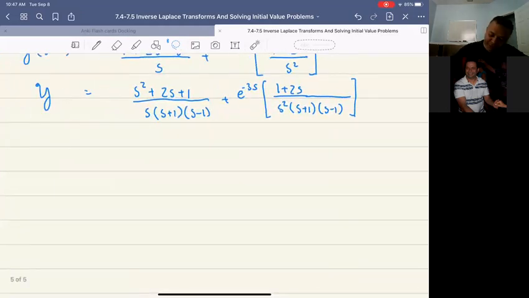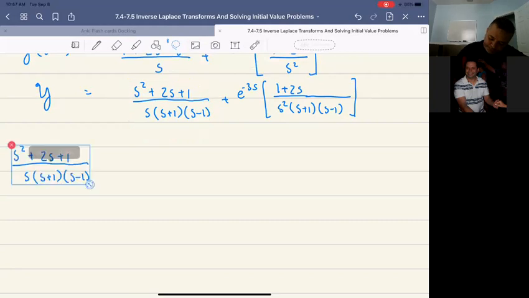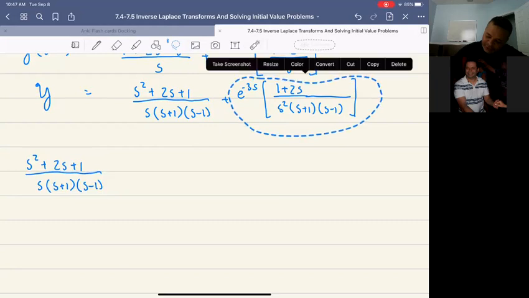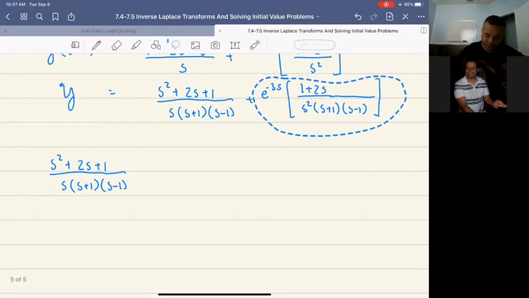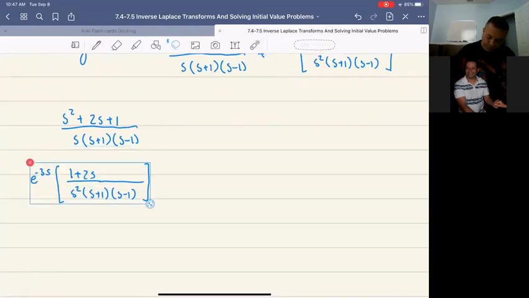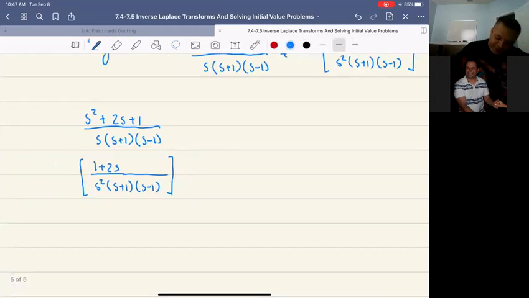So we're going to do a partial fraction decomposition on this, and a partial fraction decomposition on this. But I'm going to get rid of the e to the 3s. So we're going to do partial fractions now. They're not hard partial fractions even.